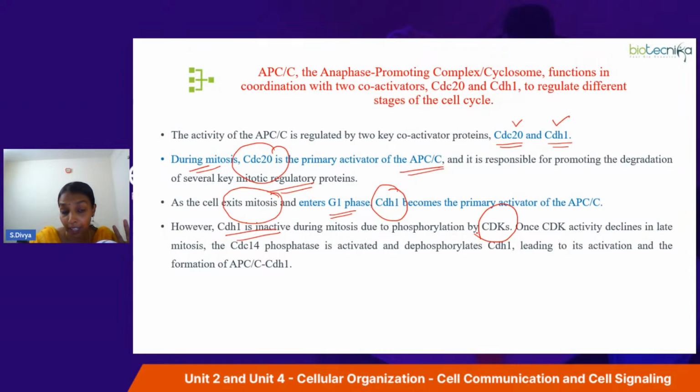But when we enter into the late phase of mitosis, CDK level declines. Due to this decline, phosphatase will be activated. Now, this phosphatase will remove the phosphate from CDH1, leading to the activation of CDH1. This concept has to be understood.